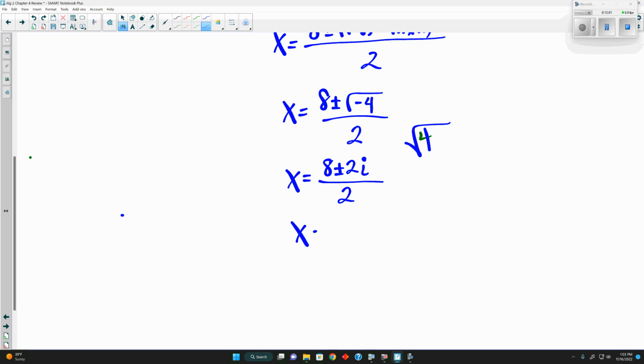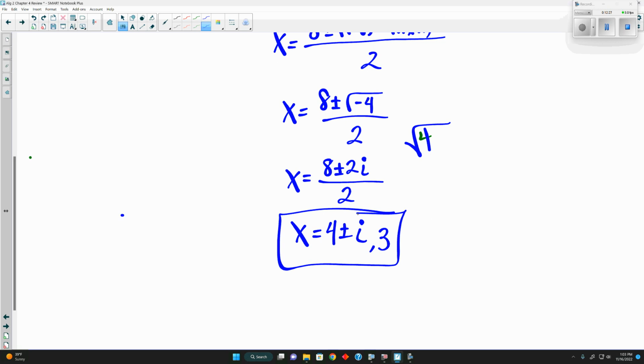So we can divide them by 2. 8 divided by 2 is 4, plus or minus, and 2i divided by 2 is just going to be i, so we have these here, comma, and that's it. Questions on this here?